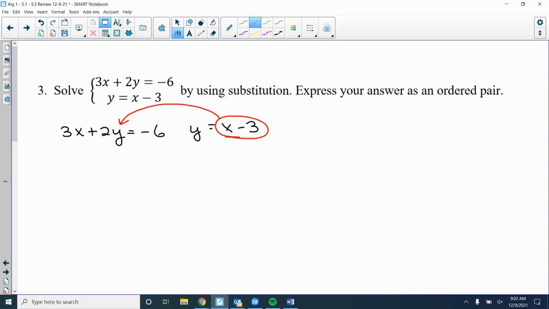So everything's the same. You take the y out, and where that y is, you've got to put in that x minus 3. Everything else should be the same though. So I got 3x plus 2, and always put it in parentheses. Parentheses x minus 3 equals negative 6.